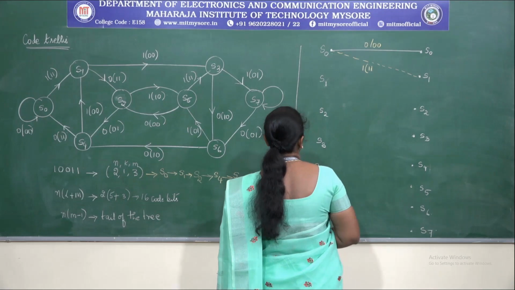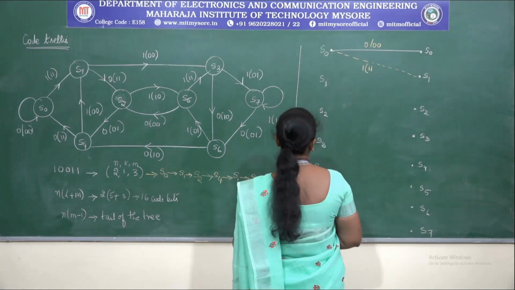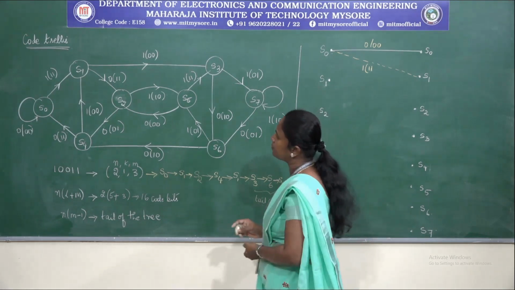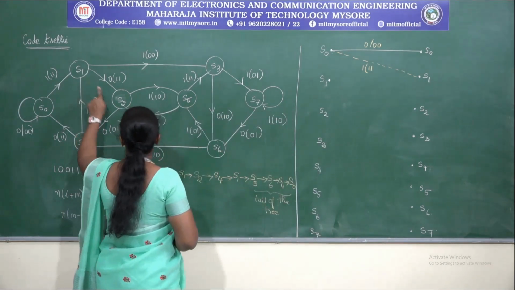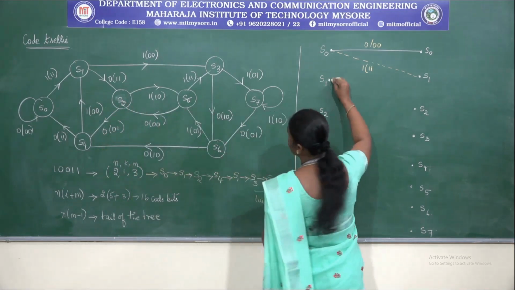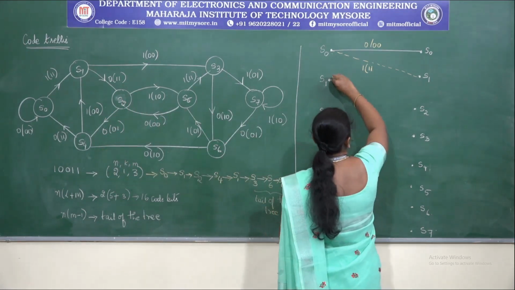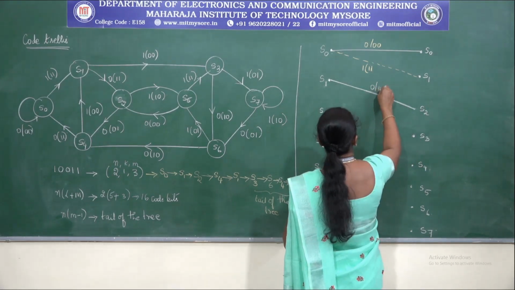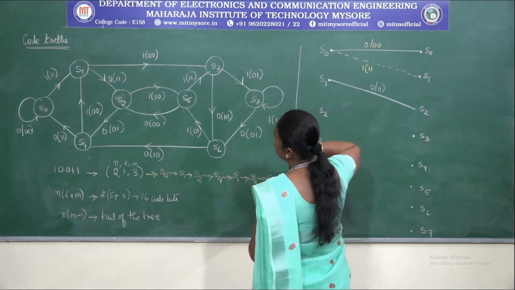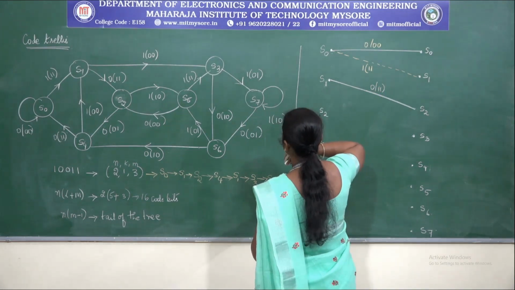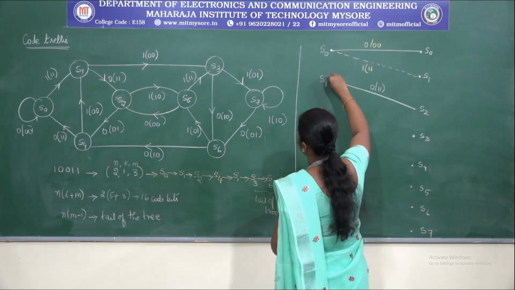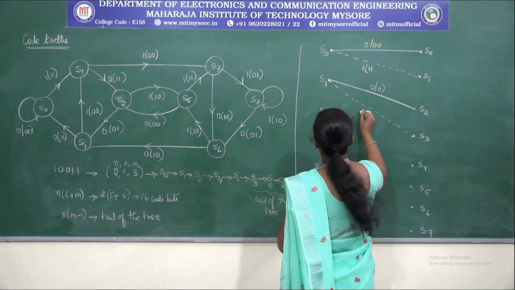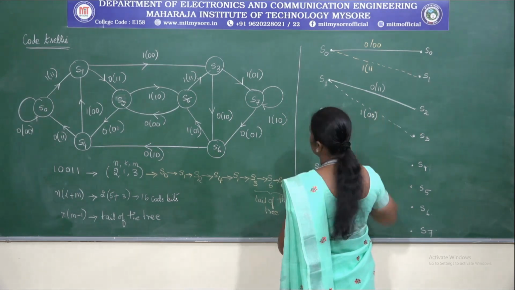So now with respect to S1, once again from S1 we have input 0, it reaches S2. Okay. So this is 0 with output 1, 1, and S1 with input 1 reaches S3. The output is 1, 0, 0.